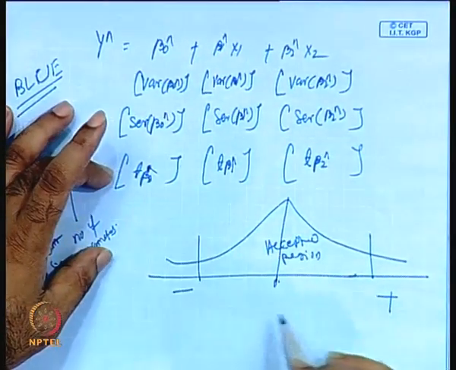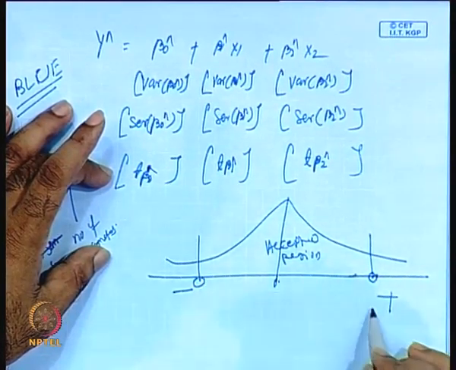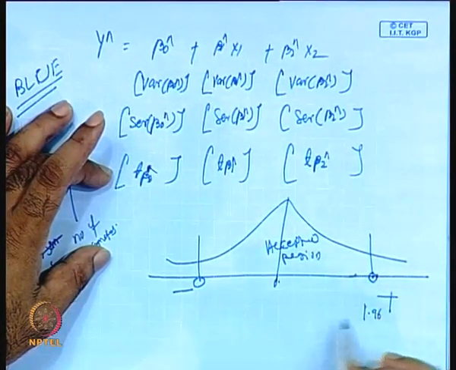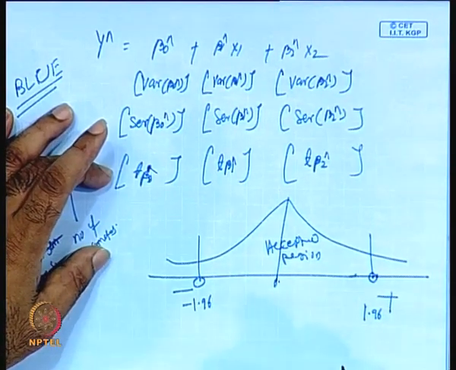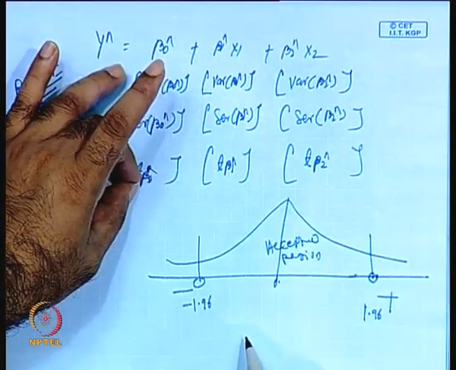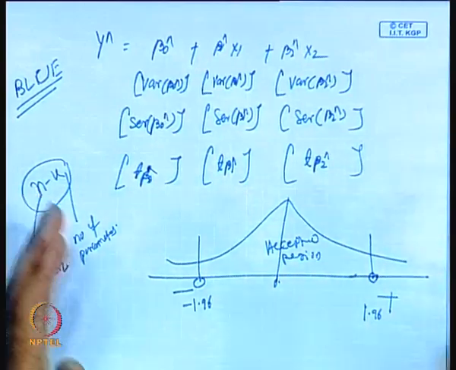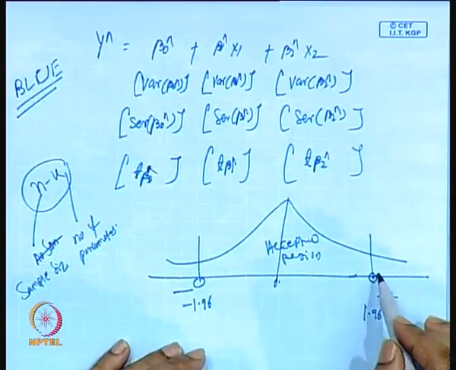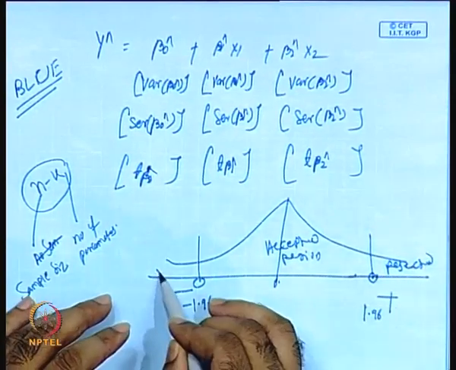We first want the tabulated statistics, so let us assume the tabulated statistic is 1.96 and this is minus 1.96. Then with this tabulated value, you have to locate where the calculated value falls. This is a rejected region, and this is also a rejected region.